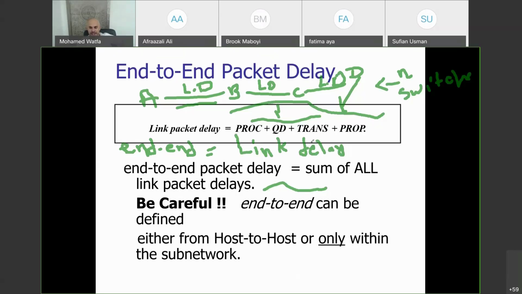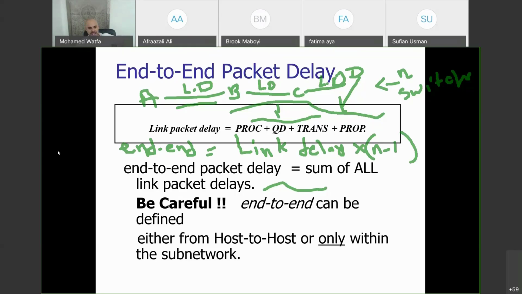Not n. Link delay is processing, queuing, transmission, and propagation. Times what? Some people came close. Times n minus 1. Thank you, Devraj.